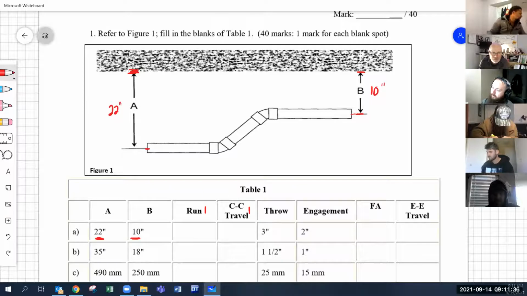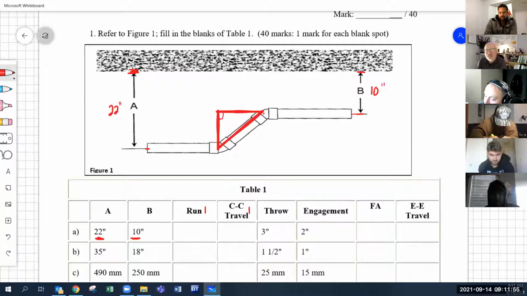From center of this fitting to center of there is the travel. That's the travel they're talking about. This is the rise and the run. And there's my right angle triangle.